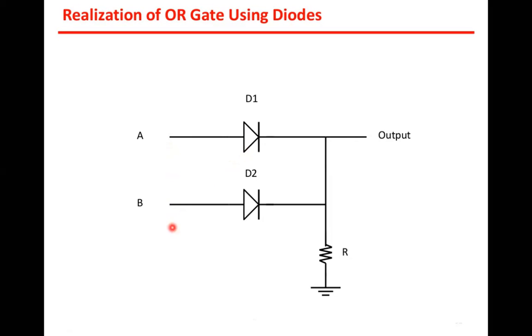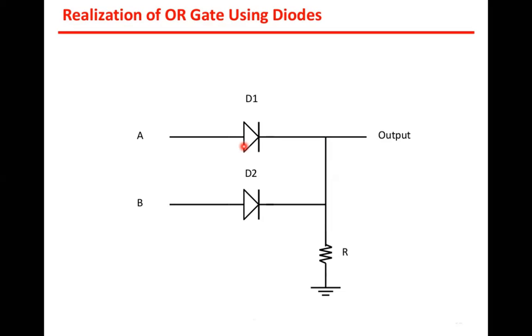Here also negative is connected to the P type of the semiconductor. So when the negative polarity of the battery is connected to P type material, this diode is in reverse bias. Similarly, this is also in reverse bias. When I say that the diodes are reverse bias or non-conducting, it means there won't be any current flowing in the circuit.